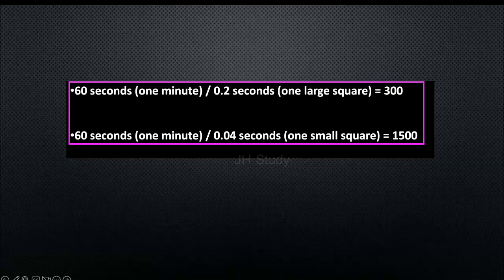Instead of the large boxes, you can count the small square boxes, which are more precise. So 1,500 small square boxes multiplied by 0.04 seconds equals 60 seconds, which is 1 minute. So, instead of the 300 number, 1,500 will be in your formula.